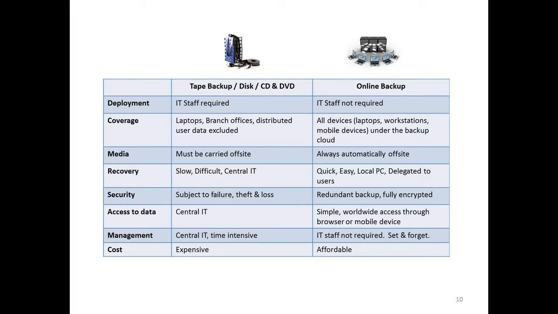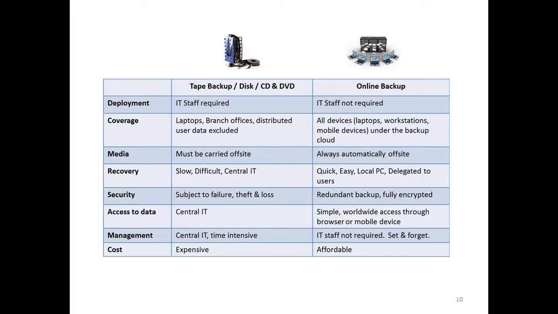Coverage. Now, what we mean by coverage is just what data is going to be backed up. One of the big drawbacks of these centrally architected solutions is that generally only the server is going to be protected, and generally a lot of the data is not actually on that server environment.